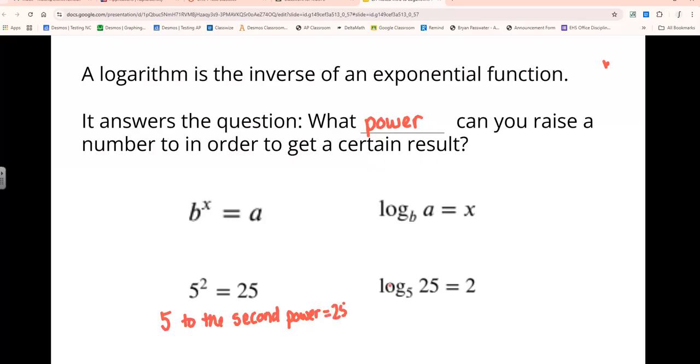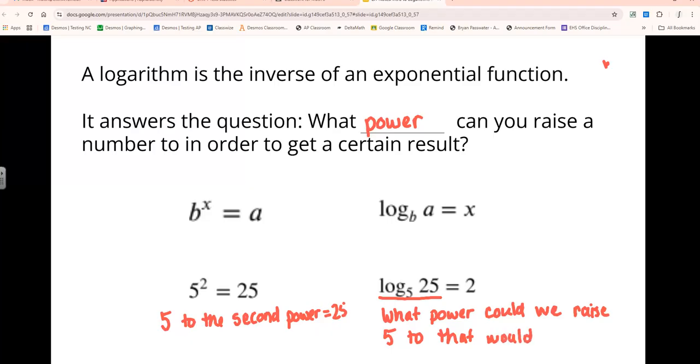When we see this written, log base 5 of 25 equals 2, the question this part right here is asking is, what power could we raise 5 to that would give us 25?